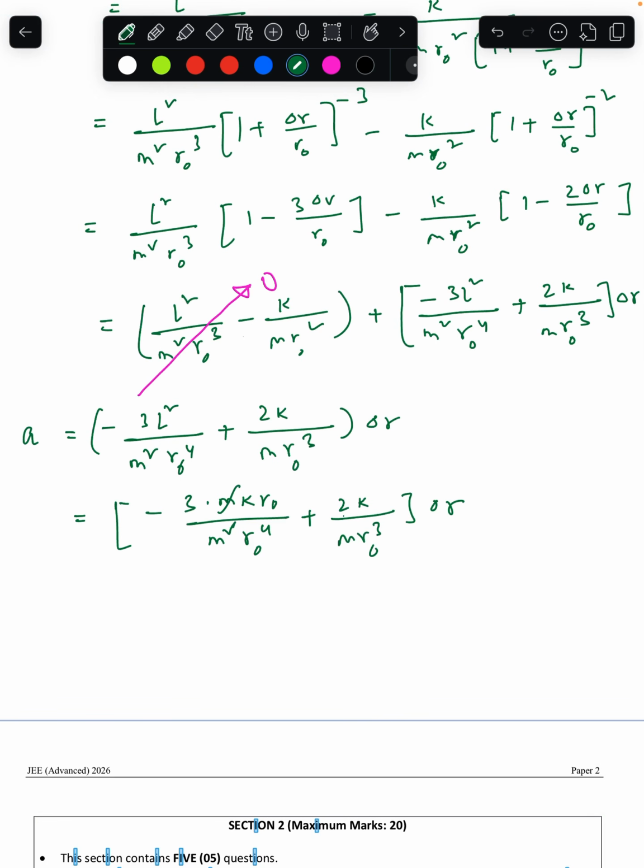One m is cancelled, r naught is cancelled. So it is minus 3k plus 2k. So we got our desired equation. Wonderful. So this is minus k by m r naught cube into delta r.